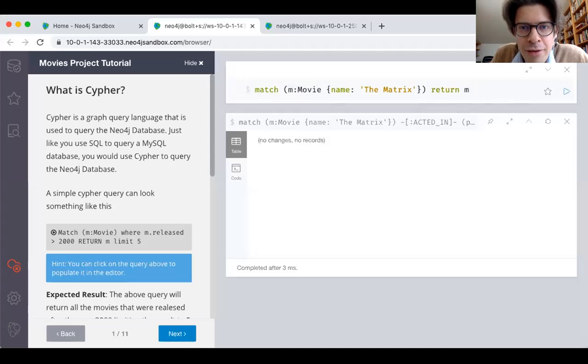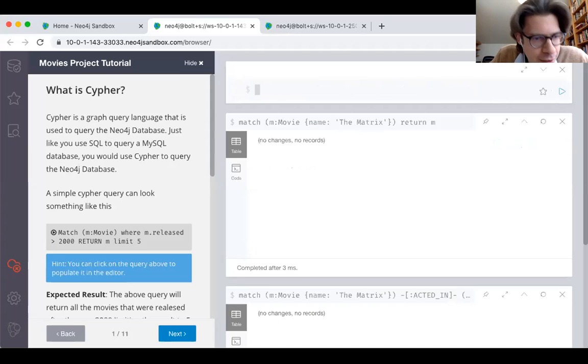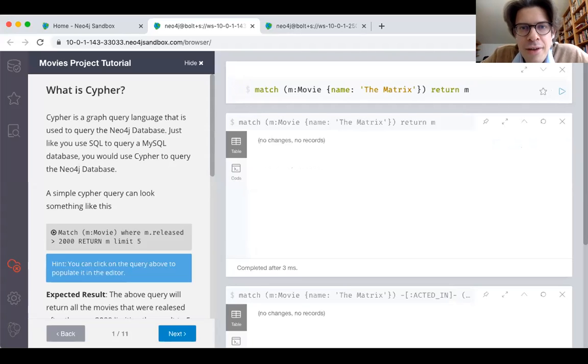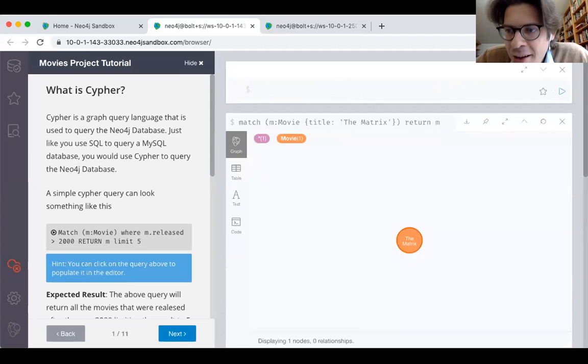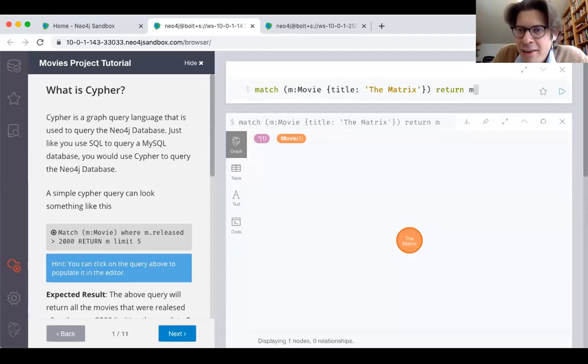And that explains why I'm not seeing any results here. I used a property named name, but I should have used a property named title.